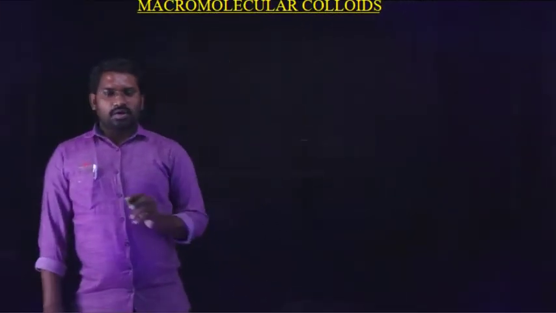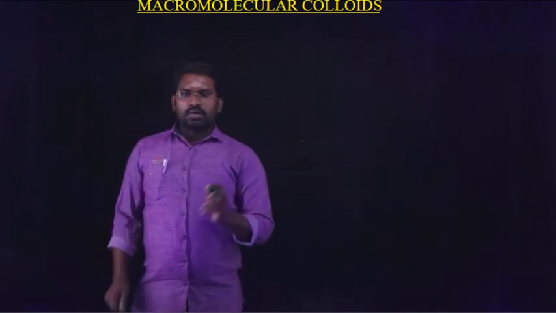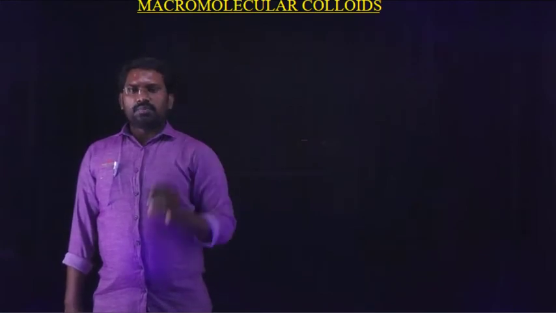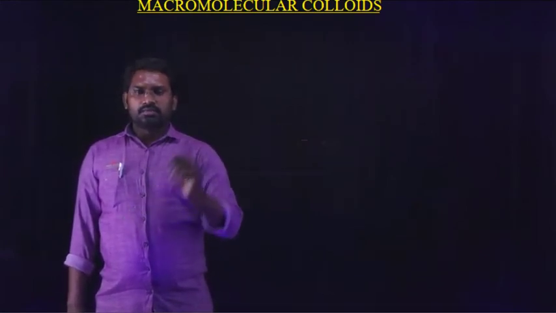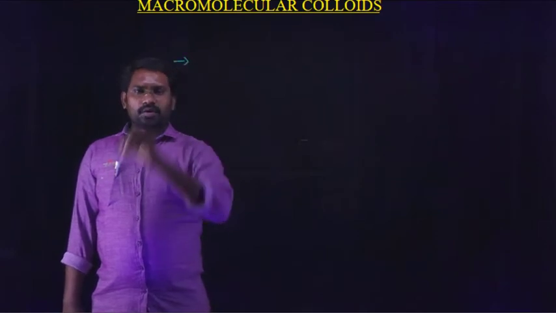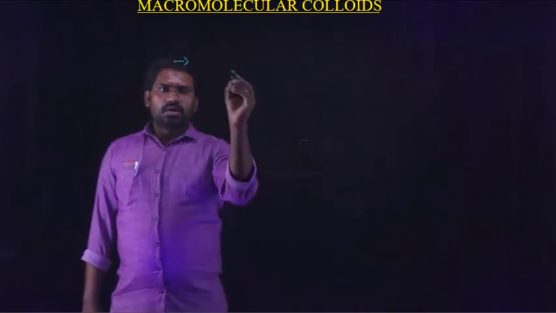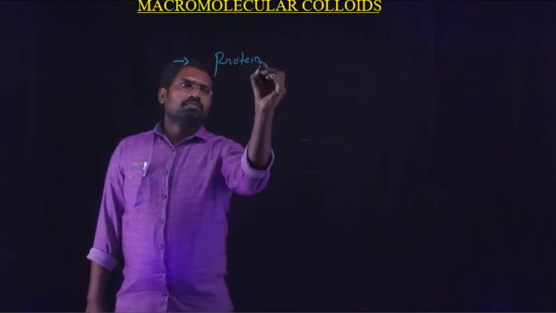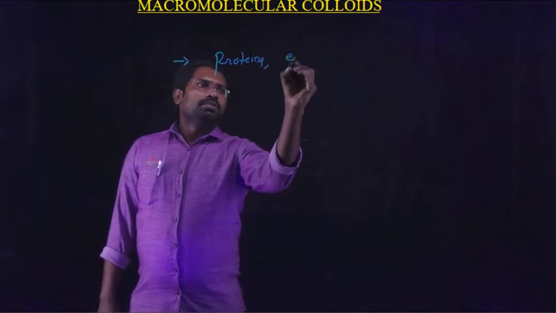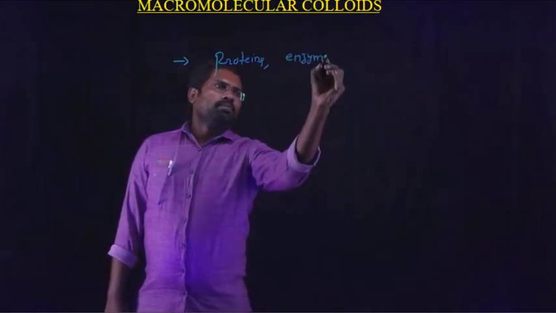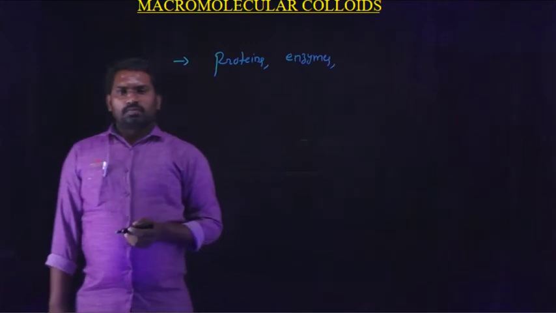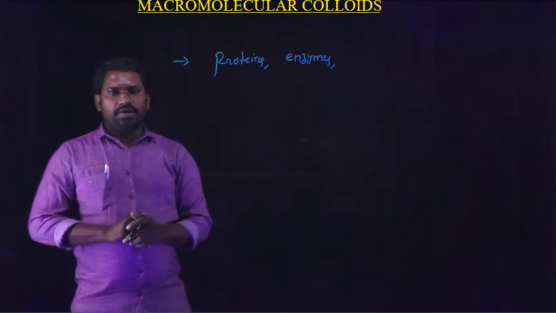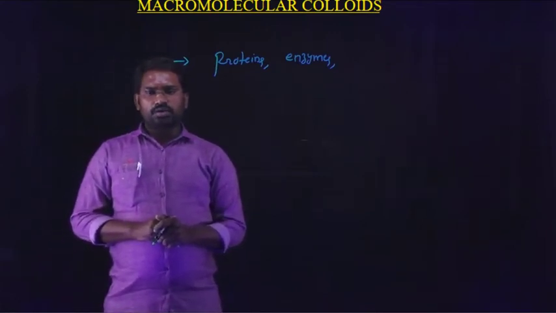Second one, macromolecular colloids. What are macromolecular colloids? The definition of the macromolecular colloids is like this. The macromolecules like proteins, enzymes dissolved in a suitable solvent form a particular type of colloidal solution.